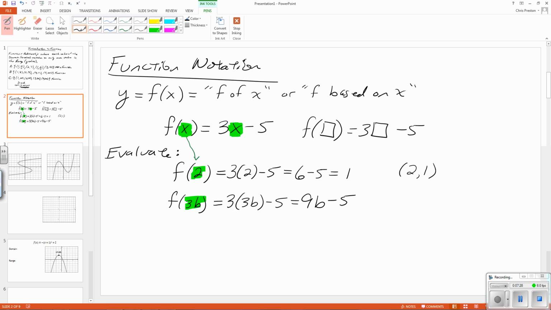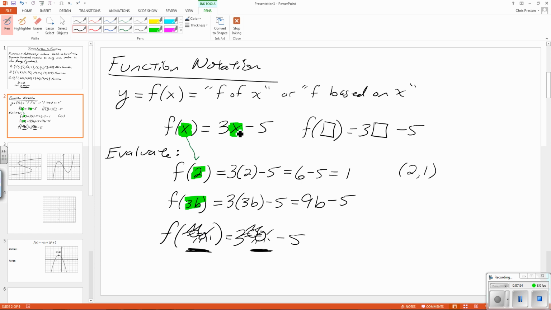So if they said, okay, well, what's f of kitten? Well, according to this function, it must be 3 times kitten minus 5. Now, I don't know what 3 times kitten minus 5 is, but again, whatever's in here, that's what goes in that spot.